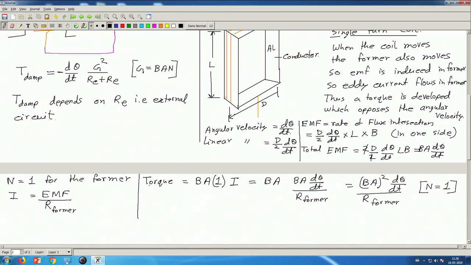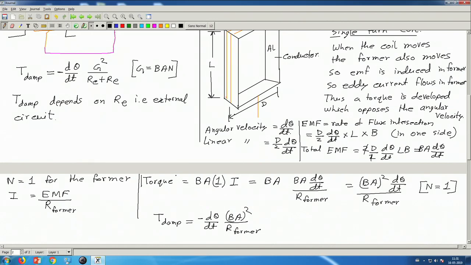And once again you see that this torque, okay, so let us write it, this torque T damping is proportional to d theta dt as we always want, multiplied by B A square by R former, and we can put a minus sign here to indicate that the direction of this torque will be opposite to d theta dt. So, here we considered only the magnitude of the torque, okay.